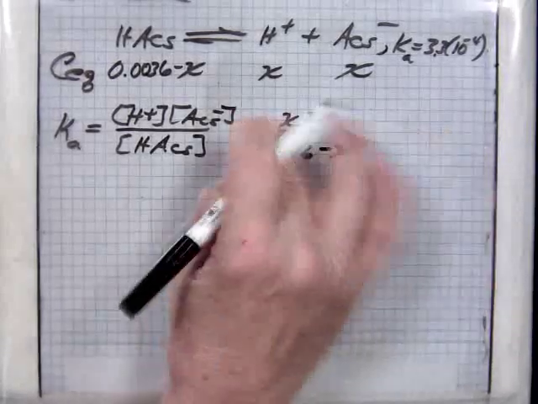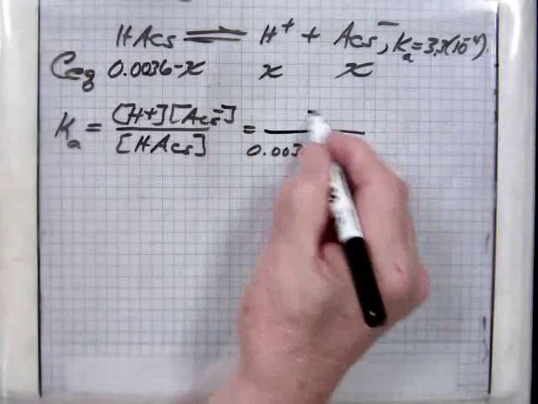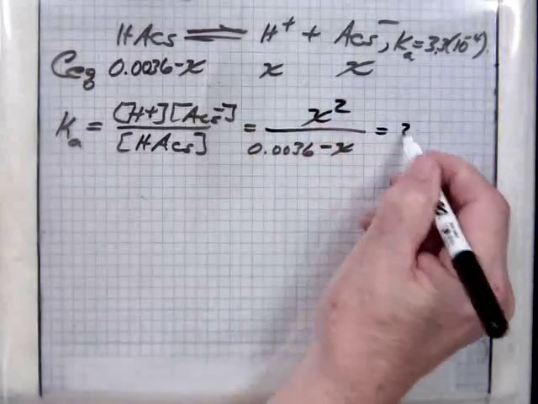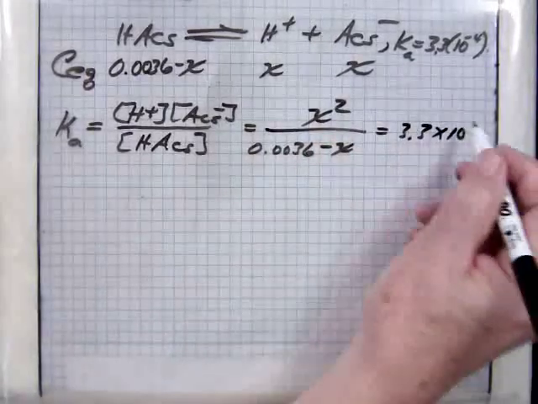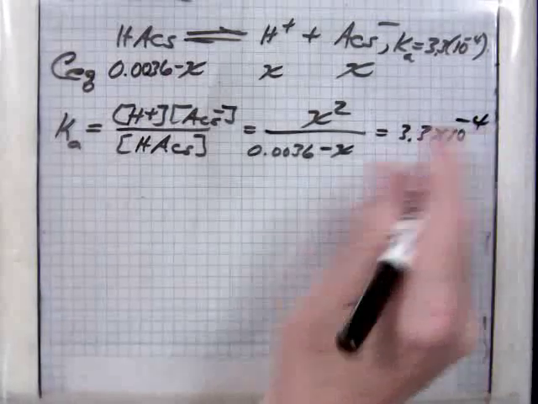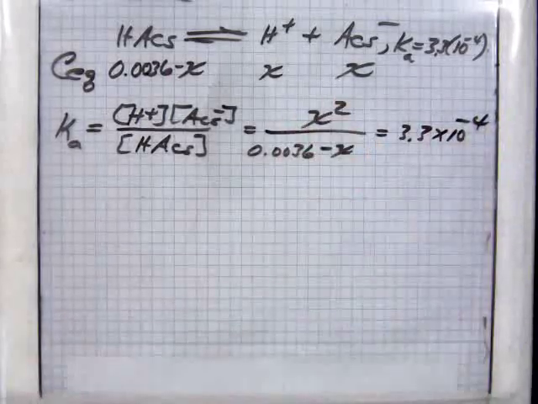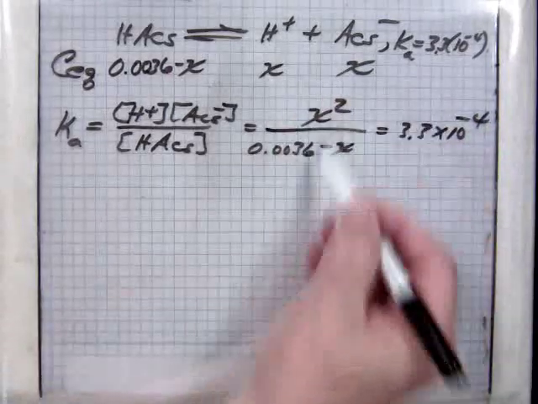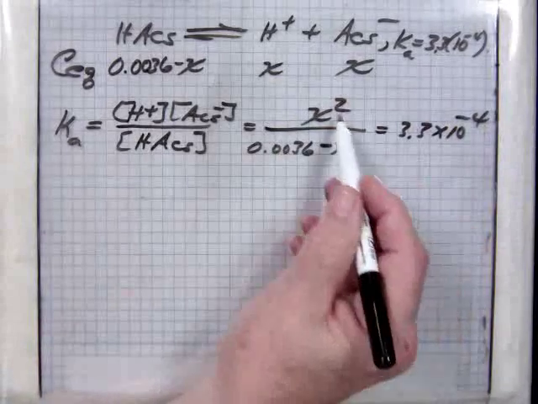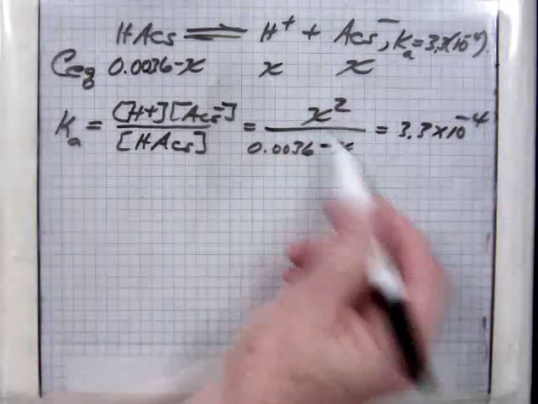Stretch that out a little bit so it looks better. Right here. With this, we can't drop the x, so what we wind up with is a quadratic.